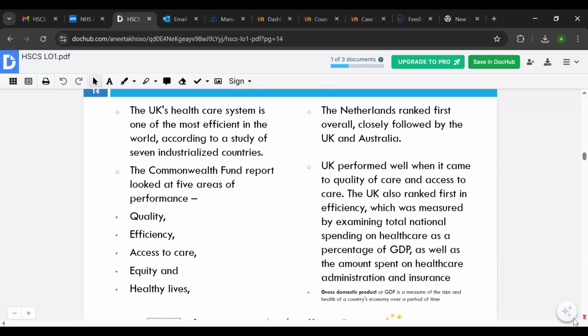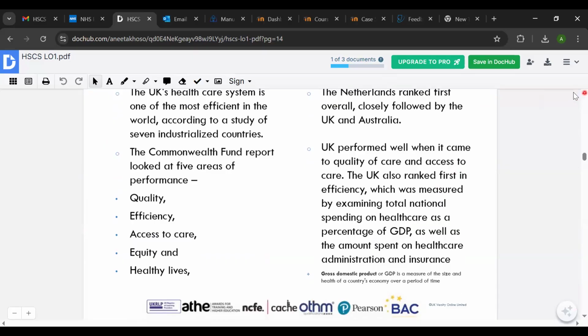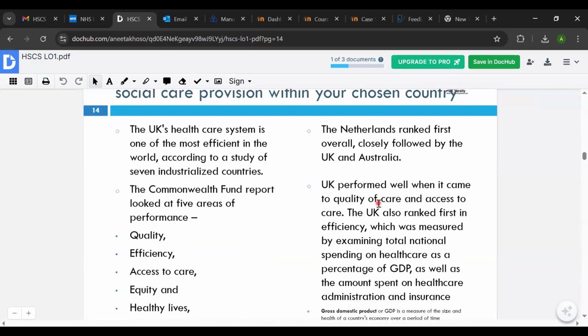Within these domains, it was the Netherlands that ranked first overall, closely followed by the UK and Australia.